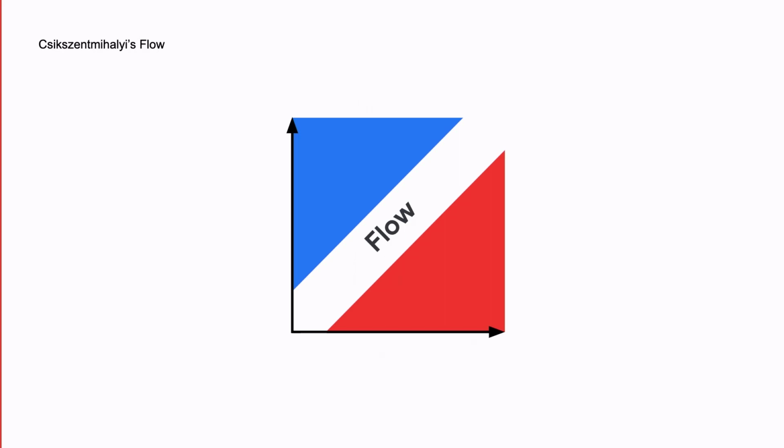So some of you, I'm sure, have heard about the psychologist Csikszentmihalyi and his idea of flow. Flow is a mental state of being completely focused. It's where we match the difficulty of an activity with their level of skill.